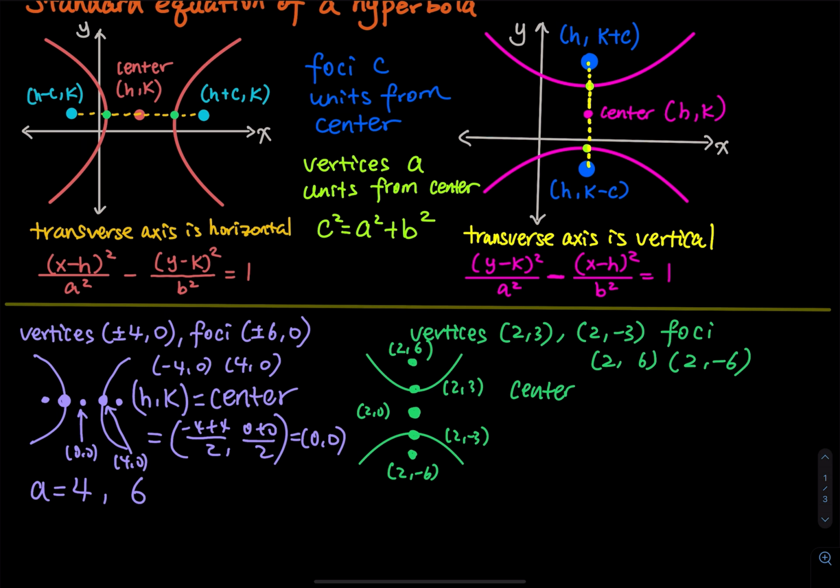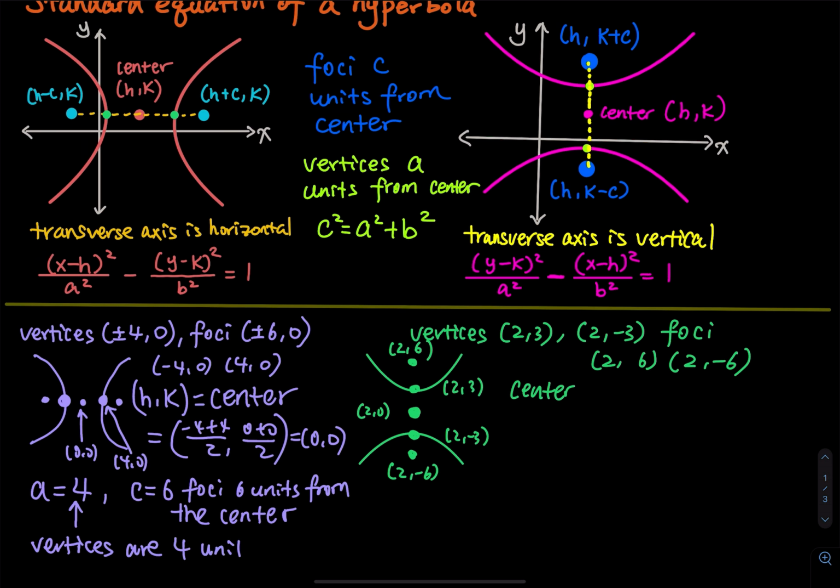So c is equal to 6 because the foci is 6 units from the center. And a is equal to 4 because the vertices are 4 units from the center.